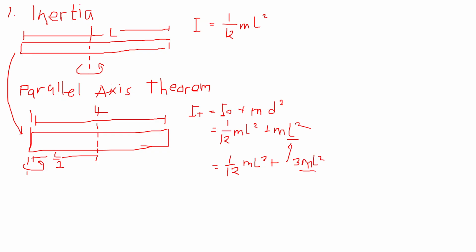So 3 ml squared over 12, and then we can add these to get 4 ml squared over 12, which is equal to 1/3 ml squared. Amazing. Alright, cool. That's the moment of inertia.